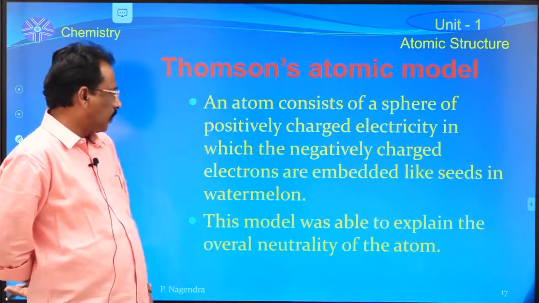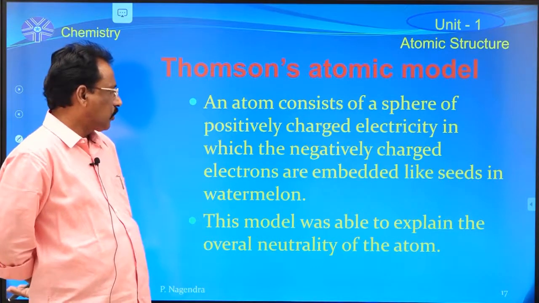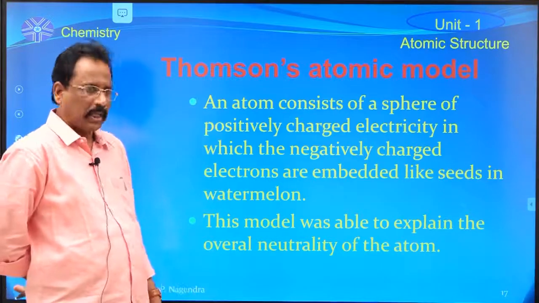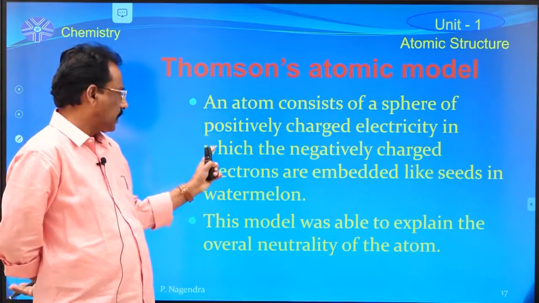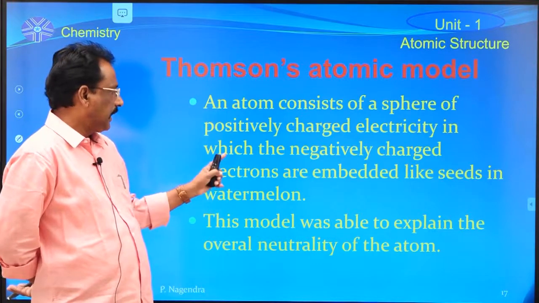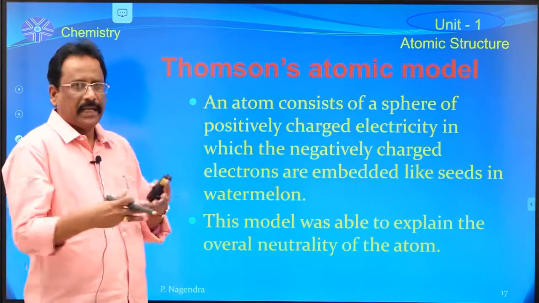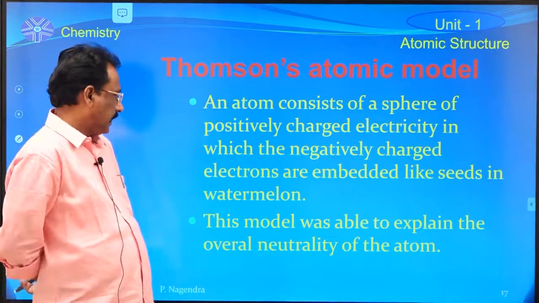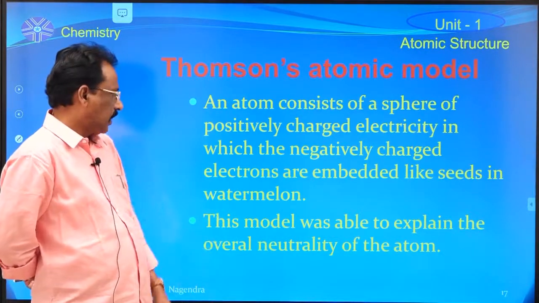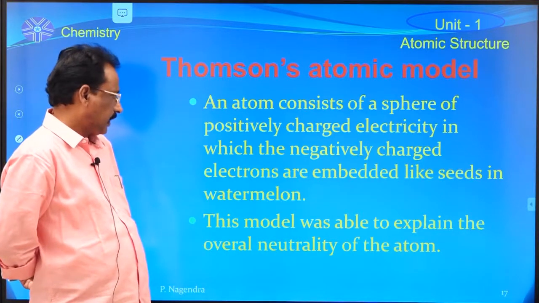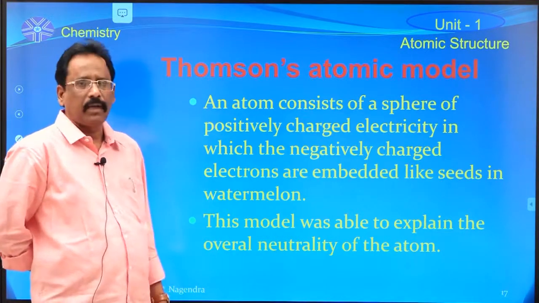So this atomic model is also known as the watermelon model. In this model, both positive charge and negative charge are embedded together, so the atom is neutral. That means this model was able to explain the overall neutrality of the atom.